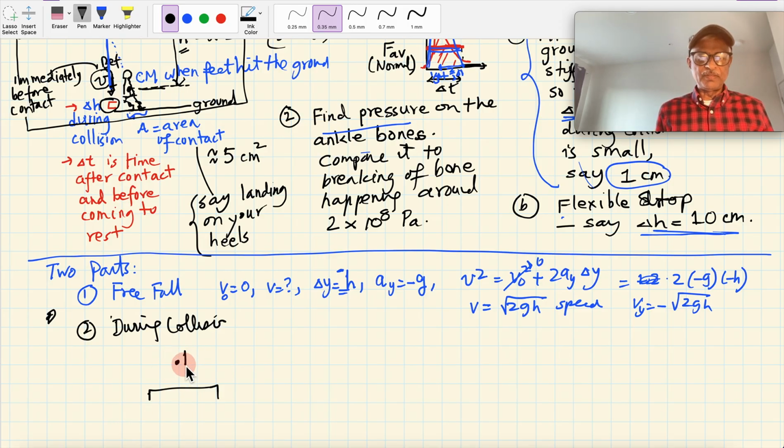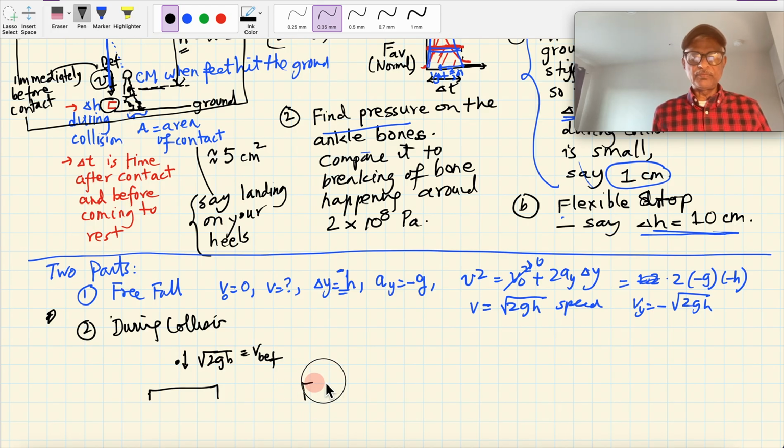Before the collision, you're going square root of 2gh. This is the speed before. Then you are here, touching this center mass, so v after is 0.